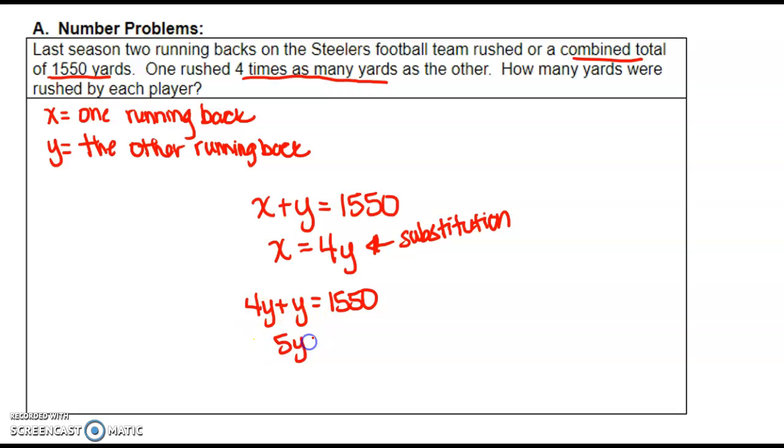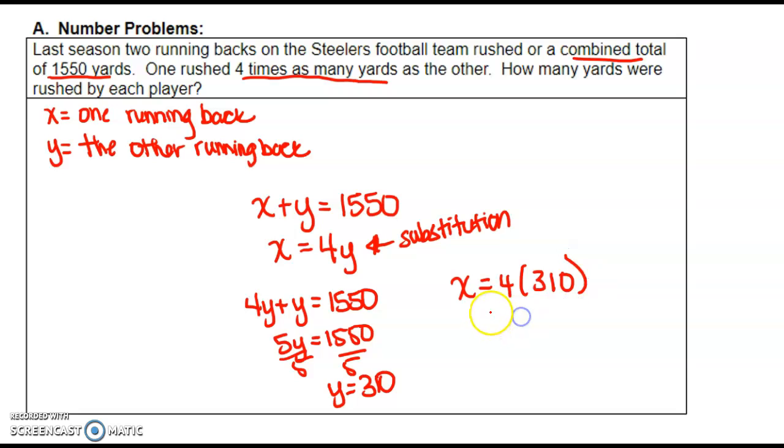Combine like terms and divide by 5. So y is going to equal 310. Then finding my other one, I'm going to substitute it into this second equation. x equals 4 times 310, which equals 1,240.